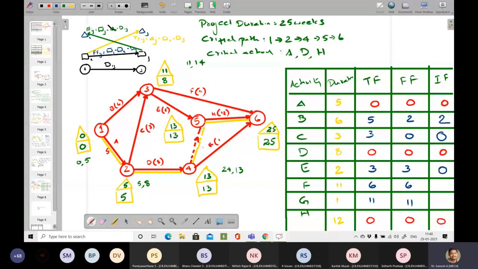F, it is 25 minus 11, that is 14, so 14 minus 11 is 3. Activity G, it is 25. 25 minus 13, it is 12. 12 minus 1, it is 11.